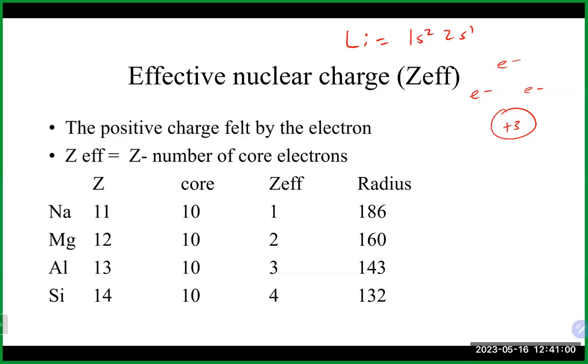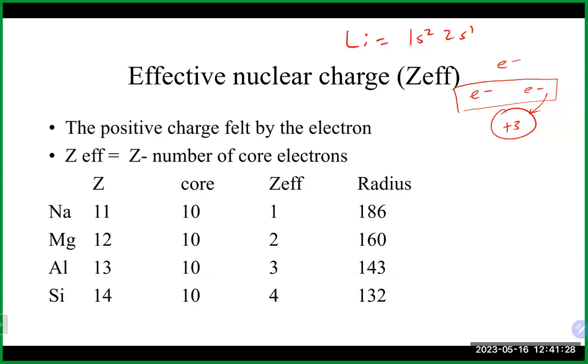There's an idea called shielding that occurs between electrons in a higher energy level and those in a lower energy level. If these were our 1s electrons, they're going to feel the full brunt of that +3 charge because they're right there near the nucleus, and they're held really tight.